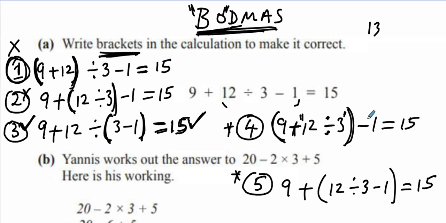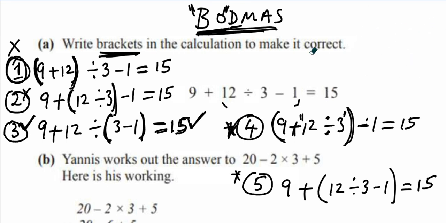So 13 minus 1, will you get 15? 13 minus 1 is 12. Now 12 is not equal to 15. So the fourth possibility is giving us the wrong answer.